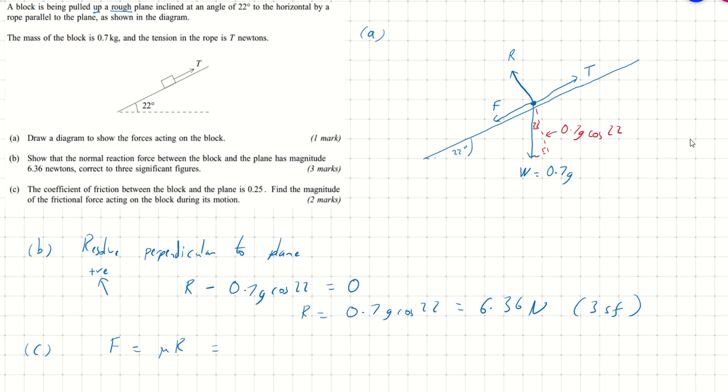We're told that μ is 0.25, so F is 0.25R. We know what R is, so F is 0.25 times 6.36, which is 1.59 newtons, again to 3 s.f.